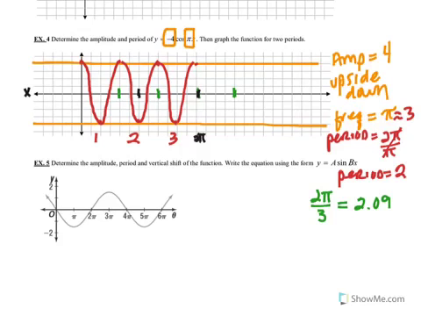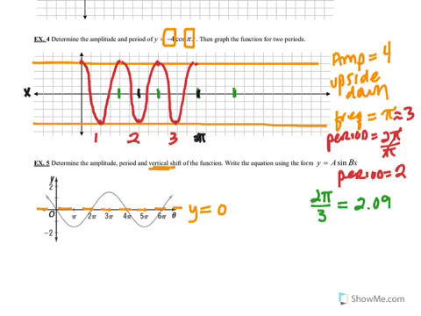Determine the amplitude, period, and vertical shift for the function. First thing I'm going to do is look at vertical shift by drawing a dotted line right through the middle of my waves and my troughs. It turns out that the vertical shift here is nothing. So the d value of our equation is going to be 0. We don't have to worry about that one at all.